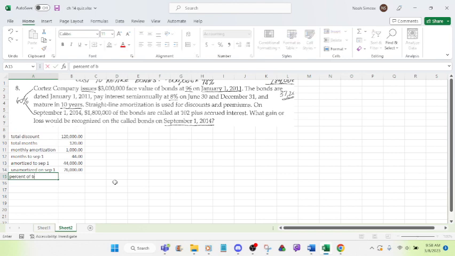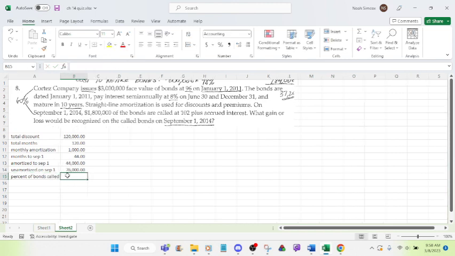Percent of bonds called equals 1/800,000 divided by this. So unamortized on Sep 1 is going to be equal to this times this.